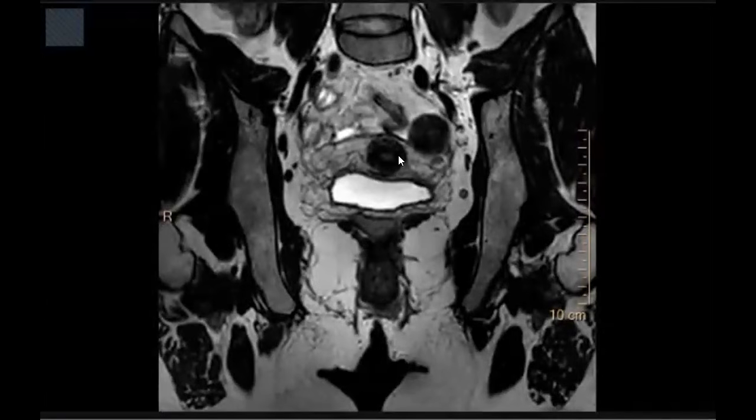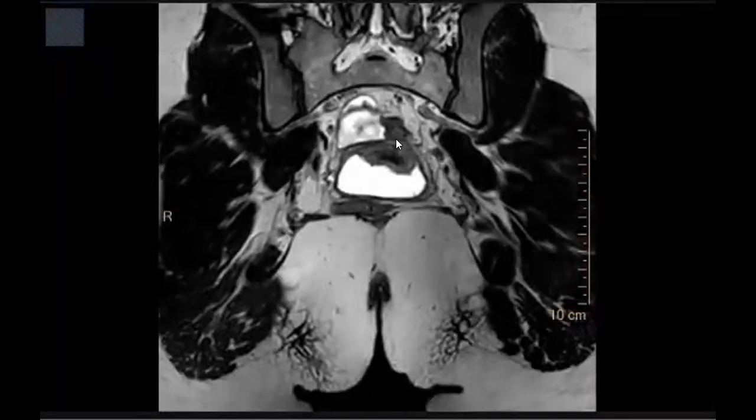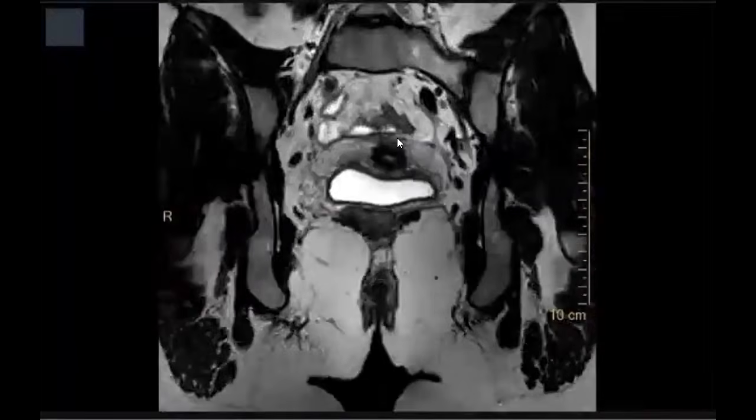You will ask the MRI technician to differentiate between bicornuate or septate. Any specific protocol for the MRI?